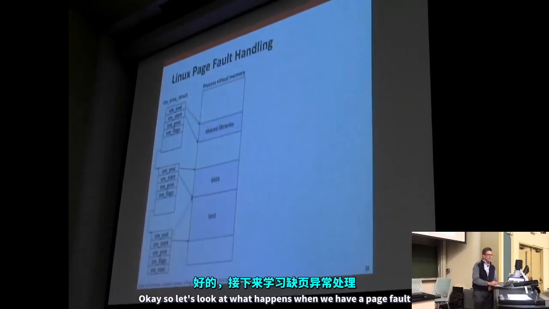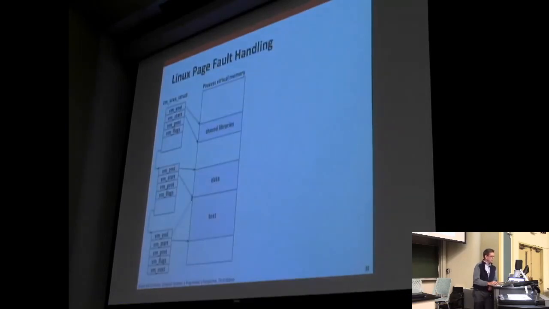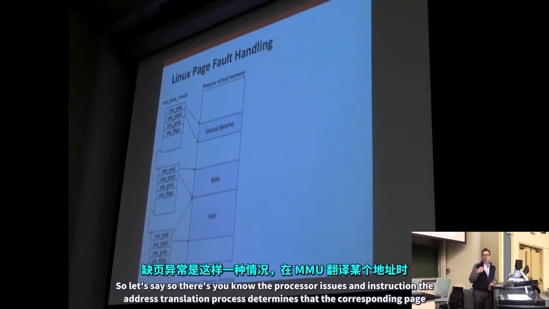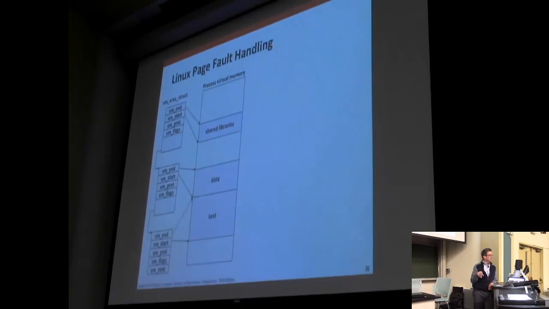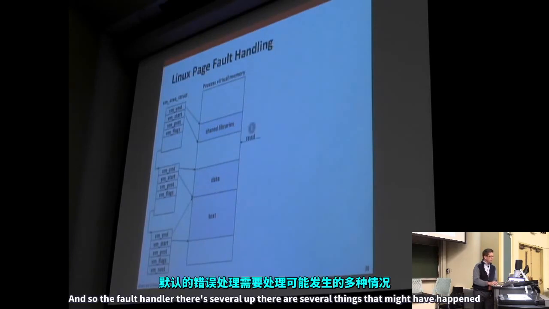Okay, so let's look at what happens when we have a page fault. Let's say the processor issues an instruction, the address translation process determines that the corresponding page isn't contained in memory, so it triggers a page fault. And so the fault handler, there's several things that might have happened.